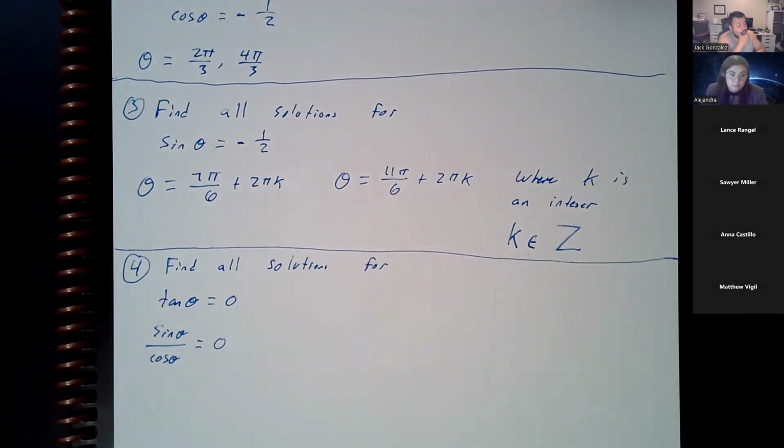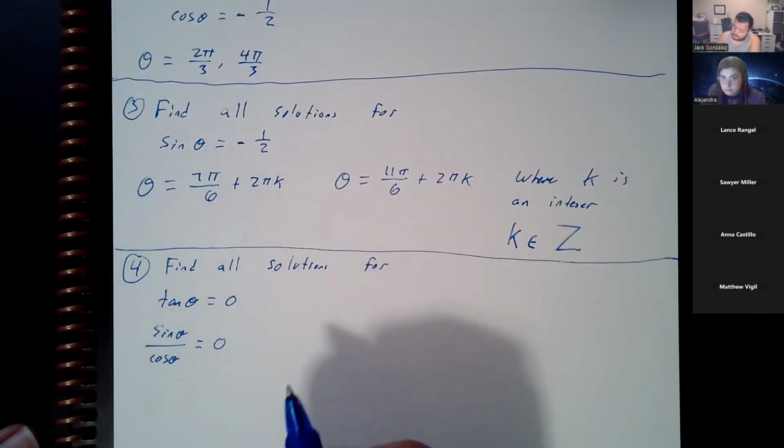So a better question is when is sine 0 on your circle? That's the only way this would be equal to 0, when the numerator is 0. Let's see. Sine is 0 at 0 and pi, right? 0 and pi.